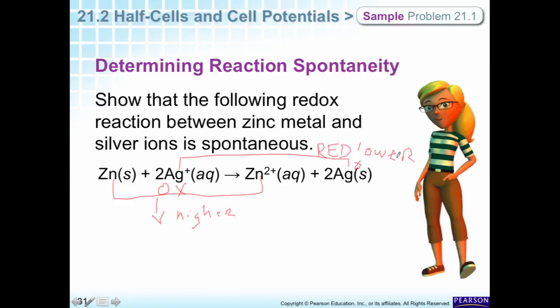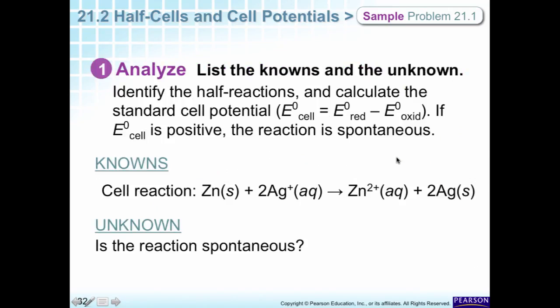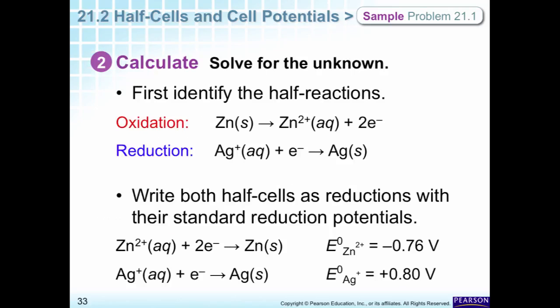So we know that E cell, we want to identify everything. We know that if E cell is positive, the reaction is spontaneous. These are the cell reactions we're looking for. We notice that that was oxidation and that was reduction. Then we look up at the table.